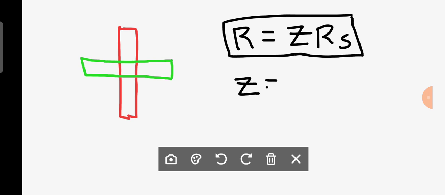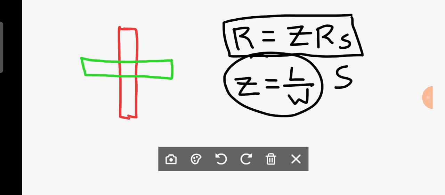Z is equal to length by width. Here is a very important point: length and width get cancelled, there is no unit, but remember the sheet resistance we calculate is in ohm per square. Therefore definitely this may be in terms of square.